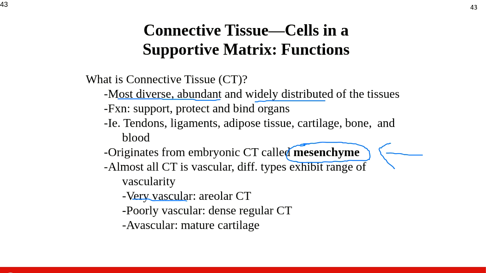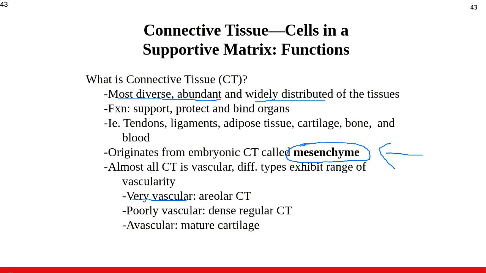But if you have a dense connective tissue, then you're not going to have as much blood vessel presence as you would with loose connective tissue, because in dense connective tissue you have less ground substance, so blood vessels can't grow in that space.